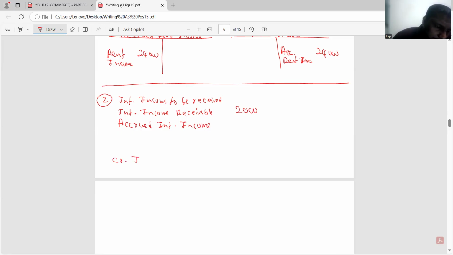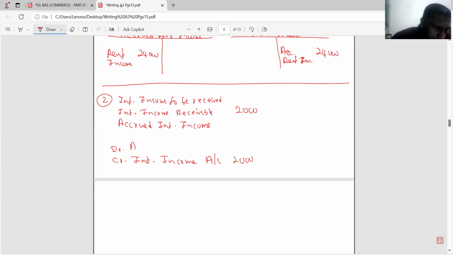Credit the interest income account, increase the income, increase the asset. Debit accrued interest income, or interest income receivable, 2,000.